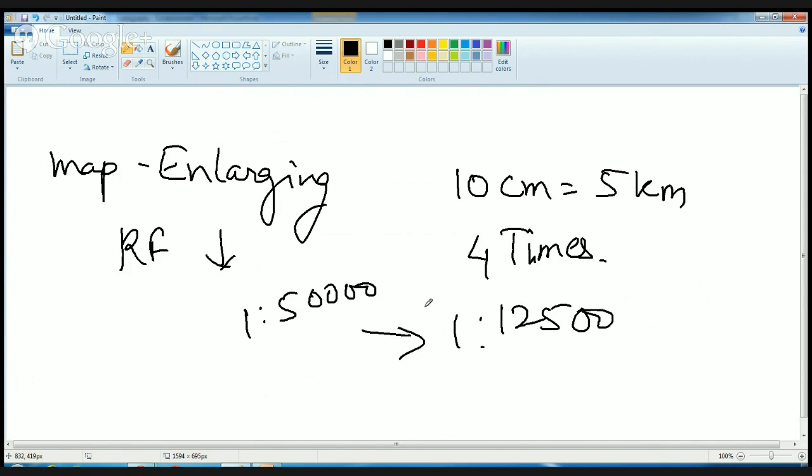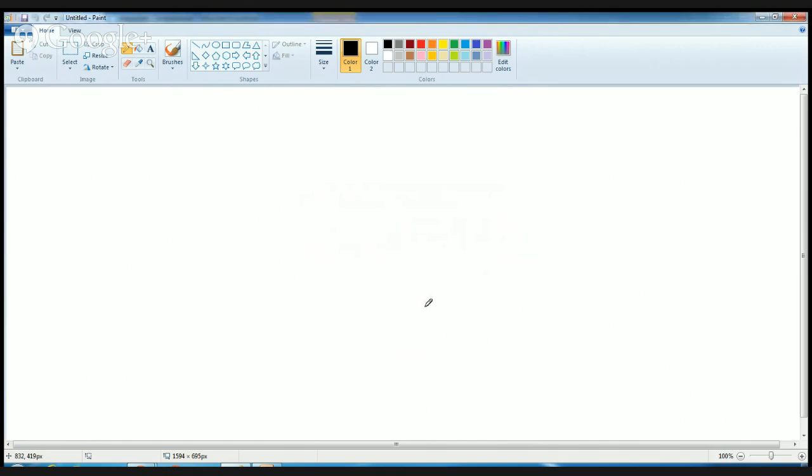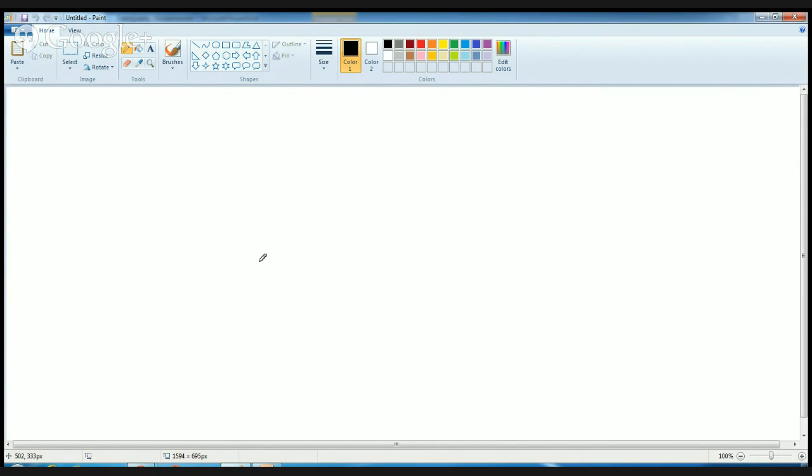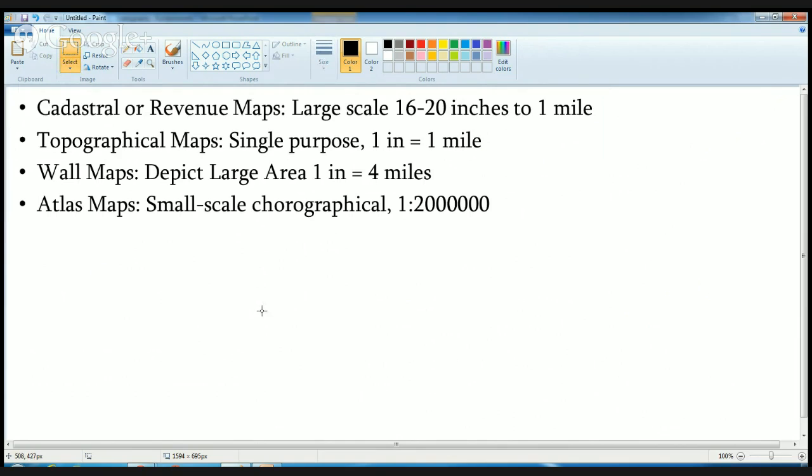Now, if we try to classify scales on another basis, there are some other ways we can define the scale. First is the cadastral map, also known as revenue map. Then you have topographical maps. So cadastral maps are large scale maps. You usually depict 16 inches to a mile.